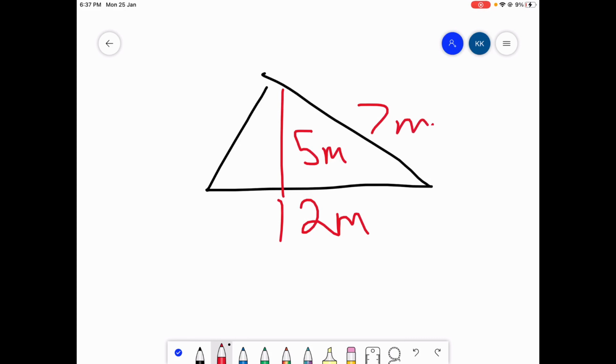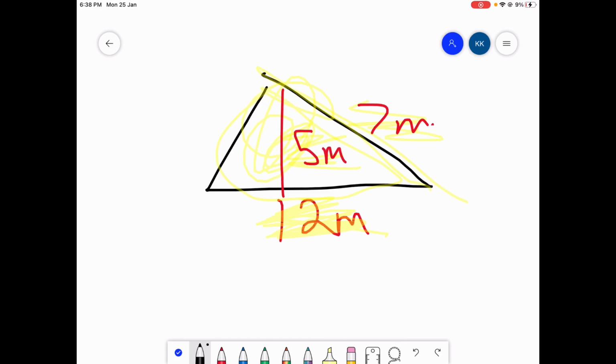Which one is the base? This one is the base. And which one is the height? This one, because the height is the straight, perpendicular measurement, not the slanted side.